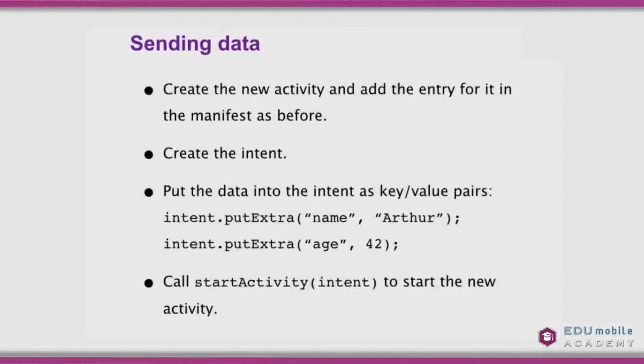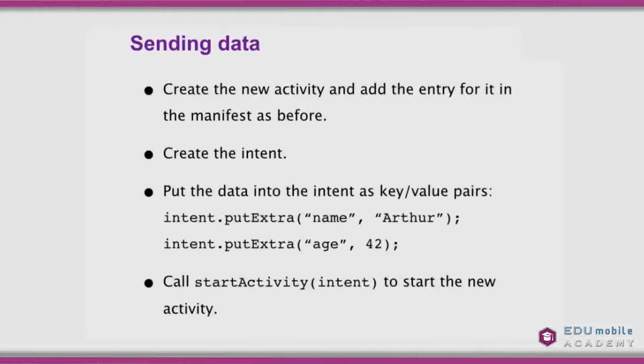That's what we're going to refer to this data on the other end when our new activity wants to get it out. So the key is a string, and then the value can be almost anything you can think of. It could be a string, it can be an integer, it can be a Boolean, it could be just a single character, it can be an array of any of these primitive types, it can be an object, it can be nearly anything you can think of.